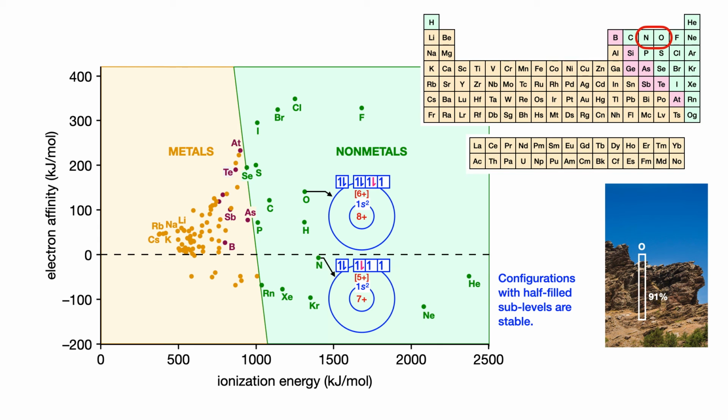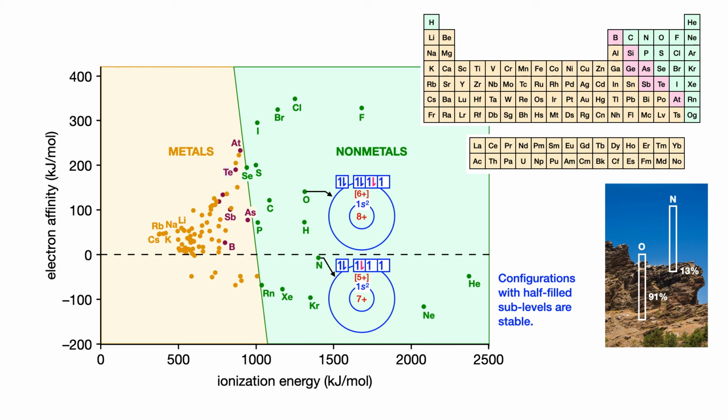About 91% of the oxygen atoms on Earth are bound up in rocks. By contrast, nitrogen has a much lower tendency to form ionic compounds, and a much smaller fraction of nitrogen is bound up in rocks. Only about 13% of the nitrogen atoms on Earth are bound up in the Earth's crust.